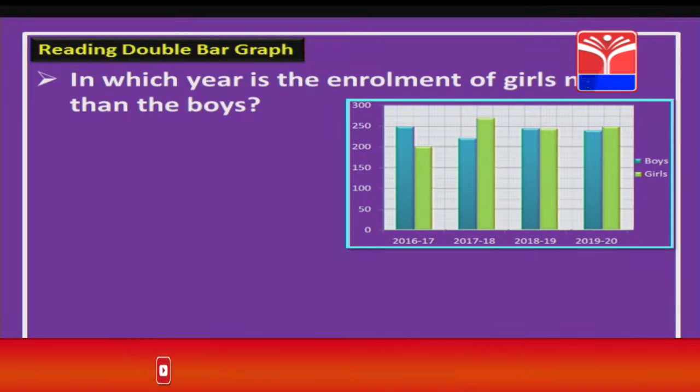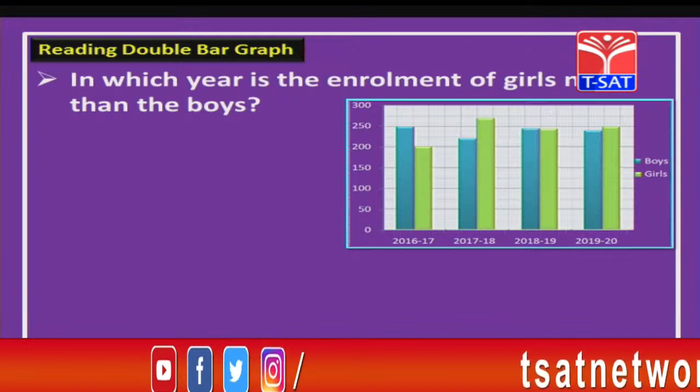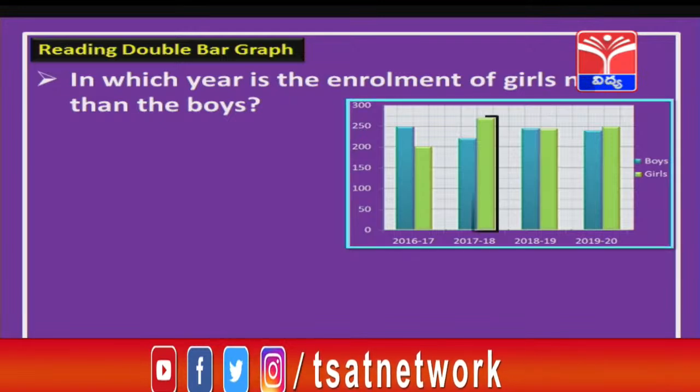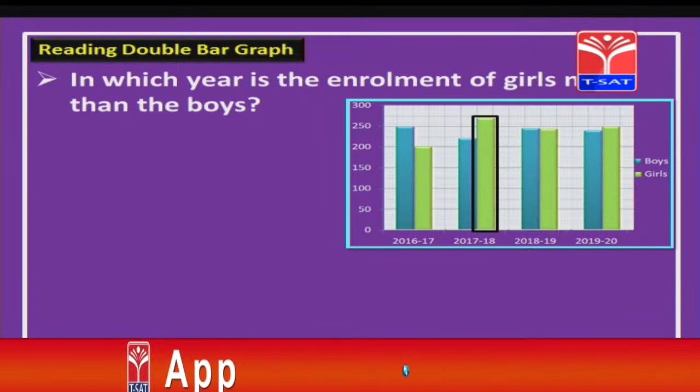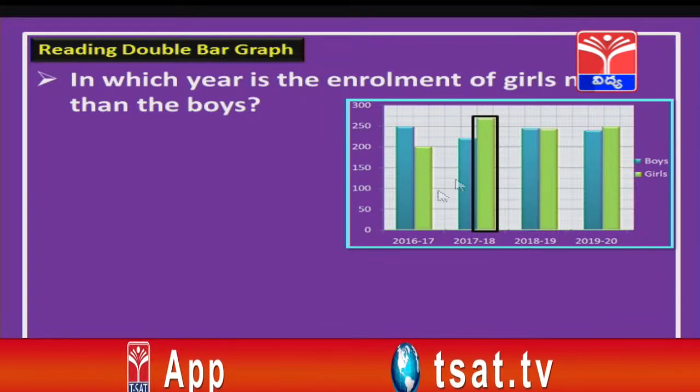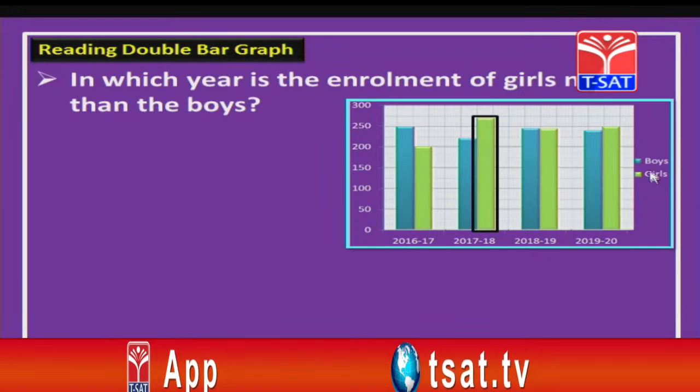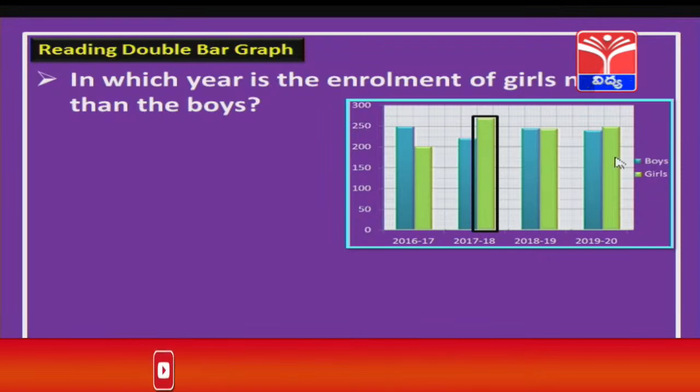So, the first one, enrollment of girls more than boys. We will see in which year it is more. If you notice this double bar graph, green represents girls children, and blue is for boys. So, here green, this one is the tallest one, right.